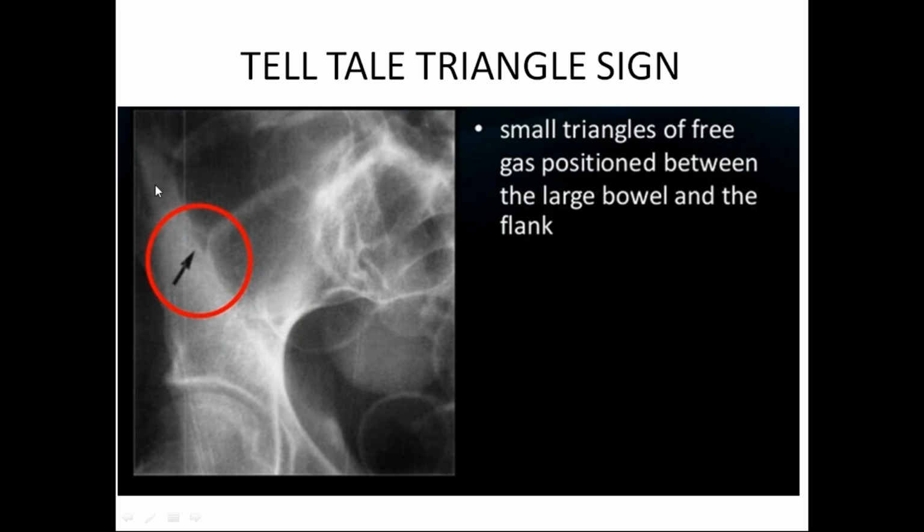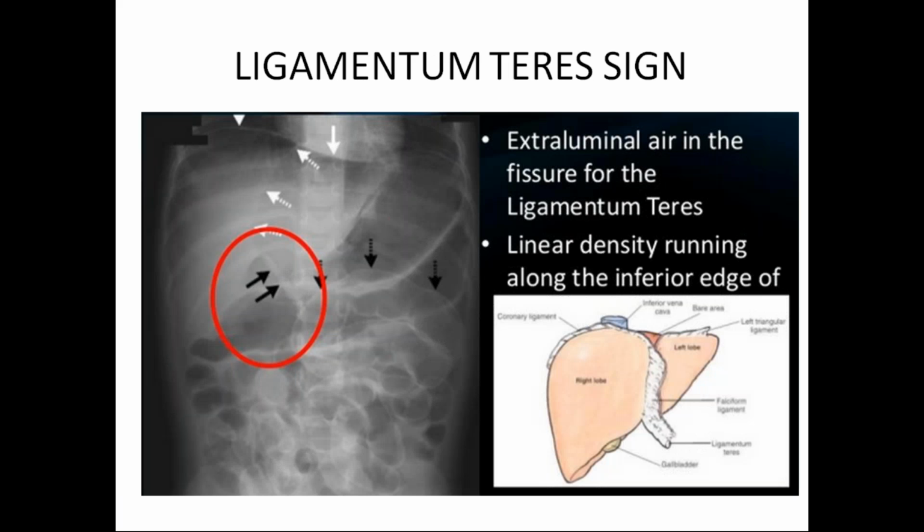This is the bowel loops and the flank, and we can see a small triangle area of air. We can also see this as air trapped between 2 to 3 bowel loops. And the ligamentum teres sign, this is the accumulation of air around the fissure for the ligamentum teres. It is seen as a linear density running along the inferior edge of the liver.